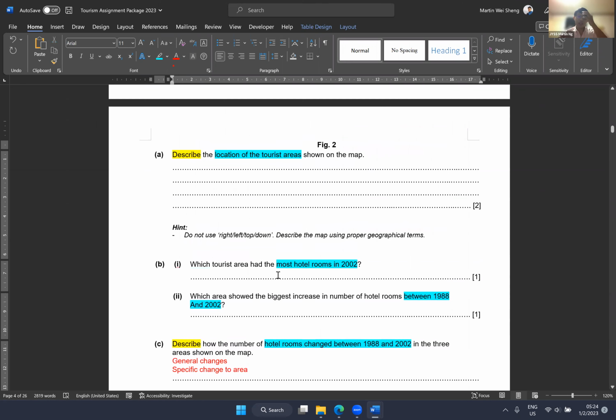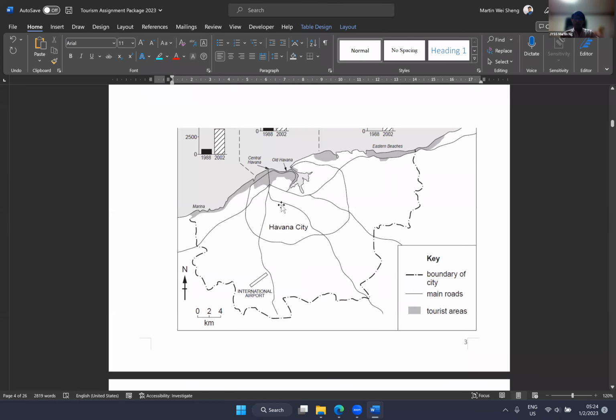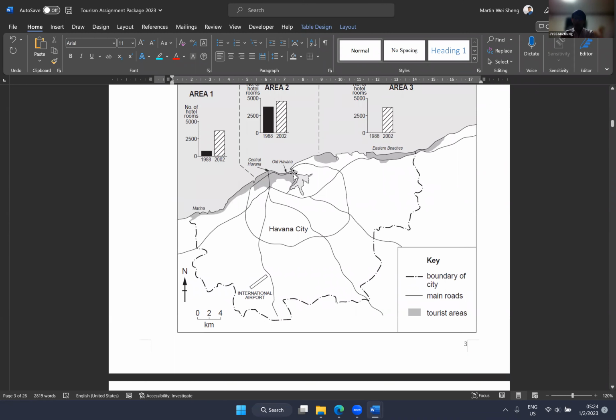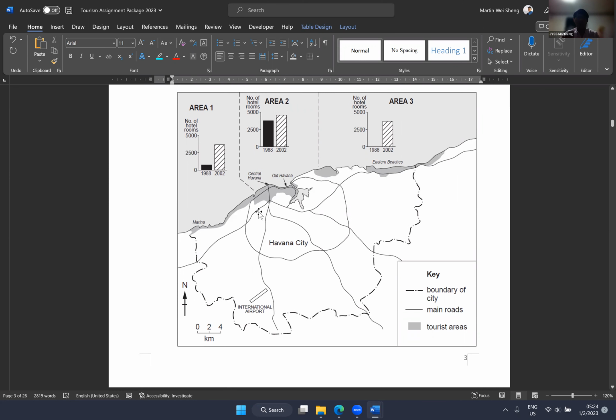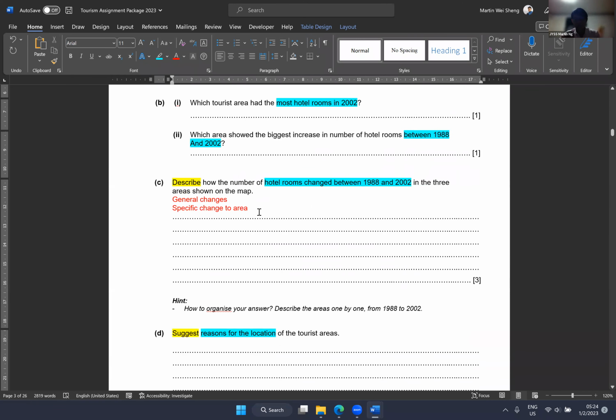So if you say that the tourist locations are located along the coast near the beaches, why do you say so? Why do you think tourists like to go to the beaches? Then why are there more tourists in area 2? What do you see in area 2? Are there main roads towards area 2? Main roads connecting the airport to the area? So you think about possible reasons to answer this question.